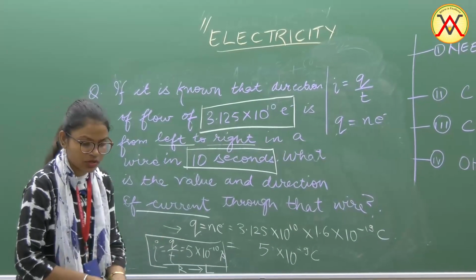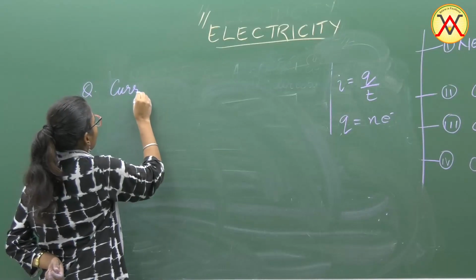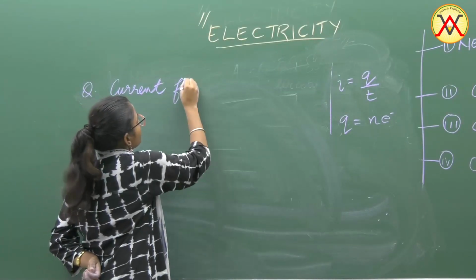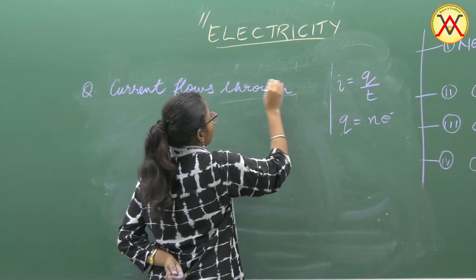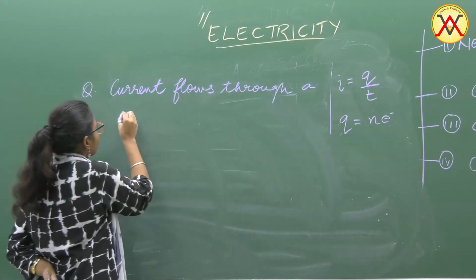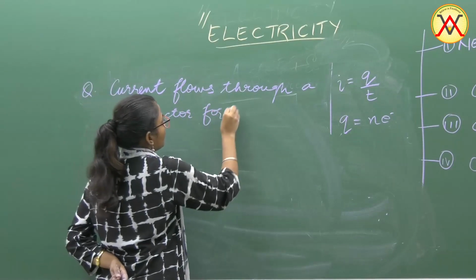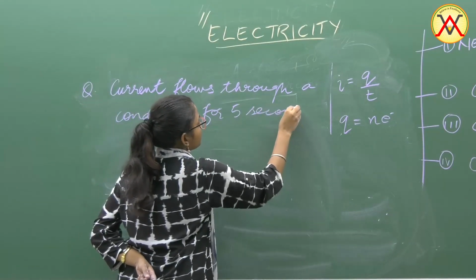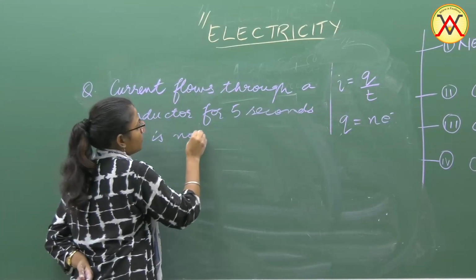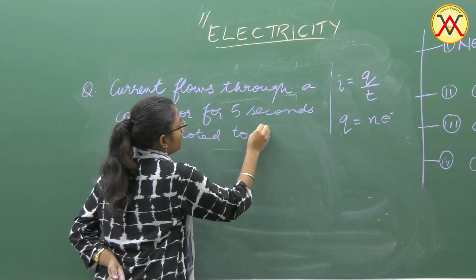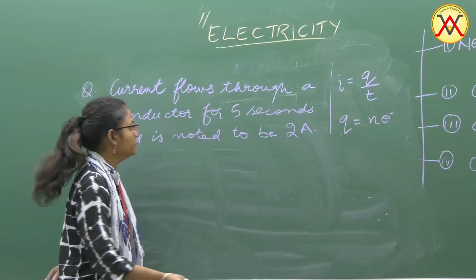Let us discuss one more question. Let us suppose current flows through a conductor for 5 seconds and is noted to be 2 amperes.